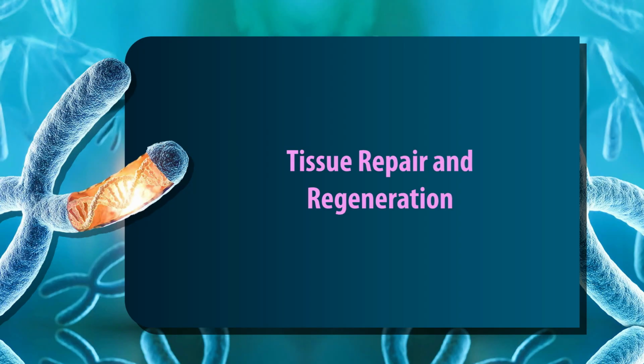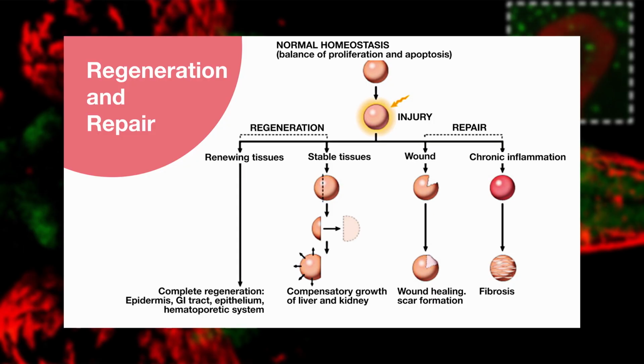Tissue repair and regeneration. Mitosis replaces damaged or dead cells, facilitating tissue repair. In skin, mitotic division of basal cells heals wounds, while in the liver, it regenerates tissue after injury. This process maintains tissue function and integrity.